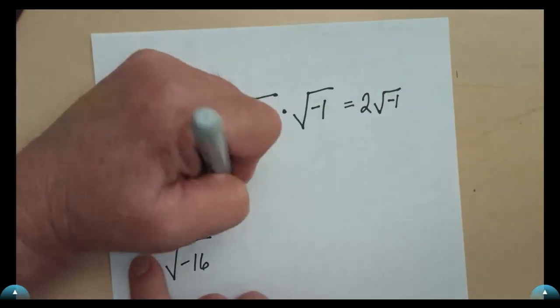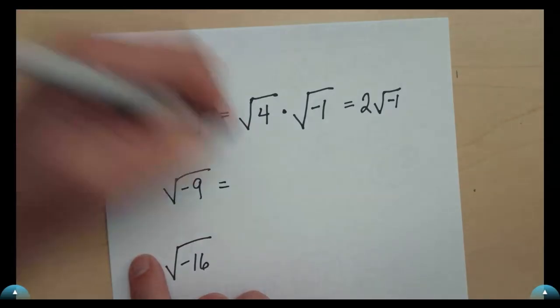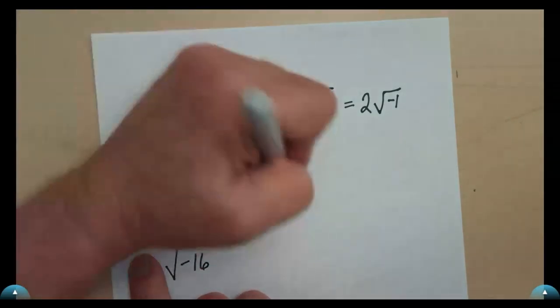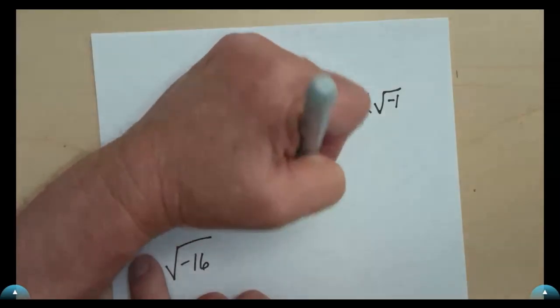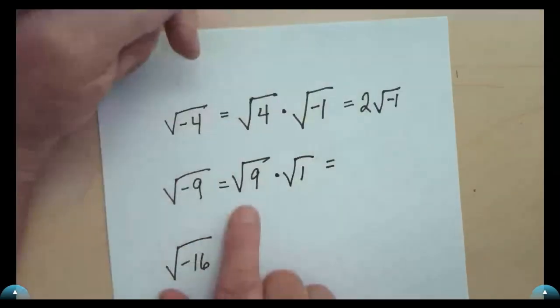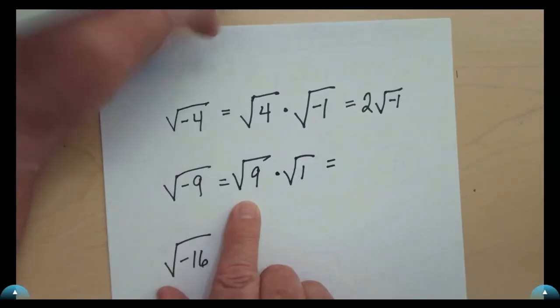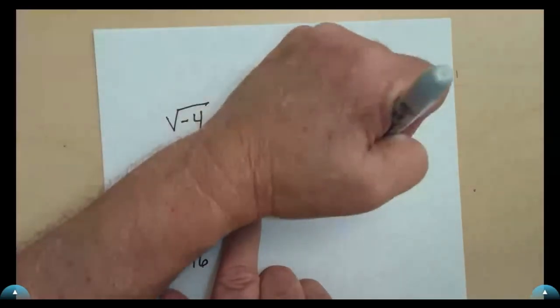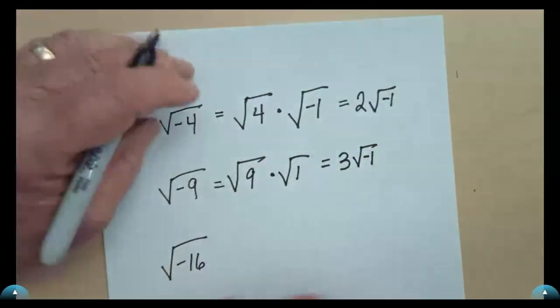And I could do a similar thing with the square root of negative 9. It will be the same as the square root of positive 9 times the square root of negative 1. And we know what the square root of positive 9 is. It's 3. So the square root of negative 9 is 3 times the square root of negative 1.